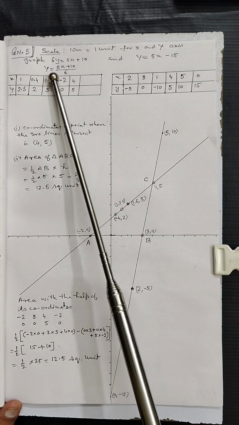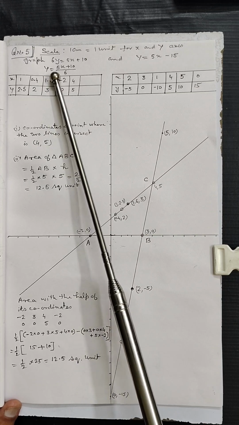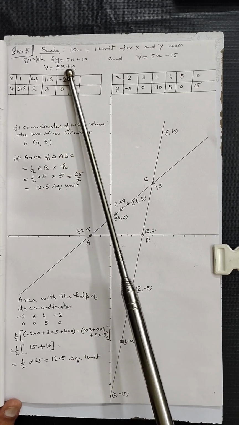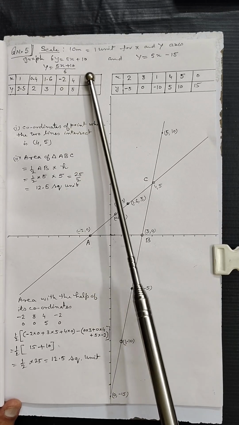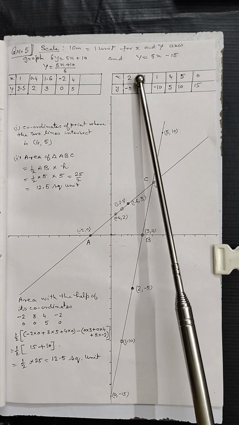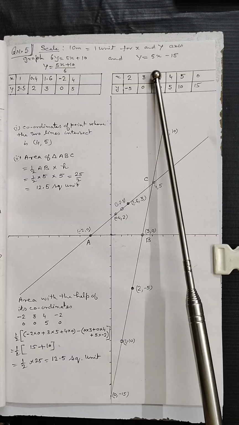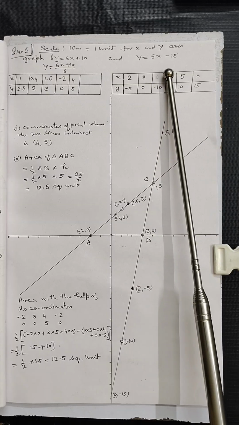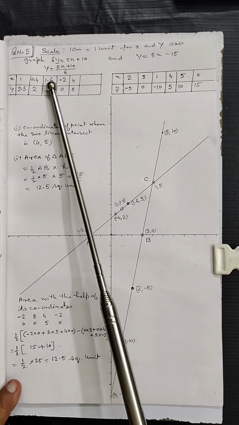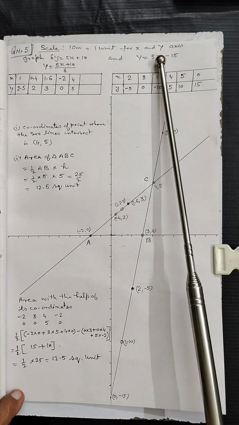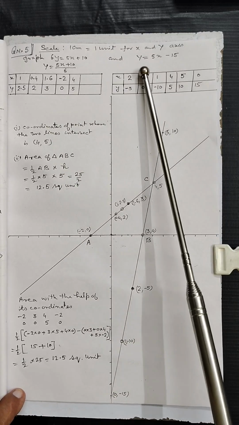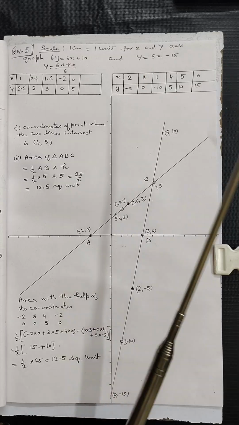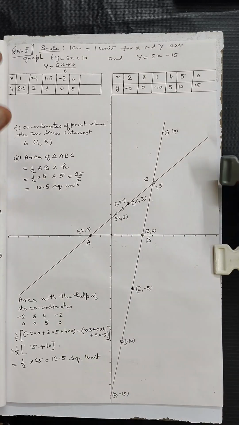The graph for the equation 6y is equal to 5x plus 10, and the second equation is y is equal to 5x minus 15. So here y will be equal to 5x plus 10 divided by 6. For this we have to prepare the table, the different values of x and y.